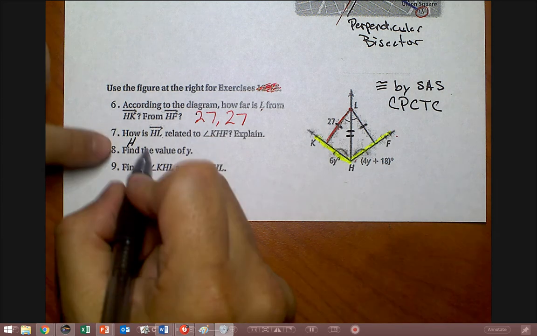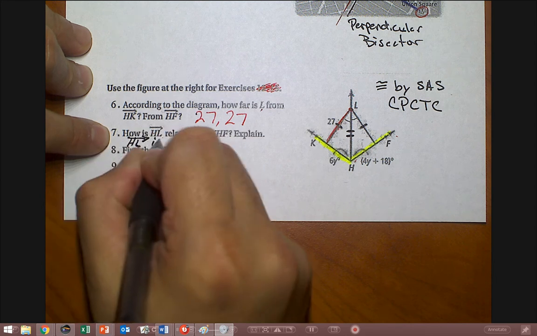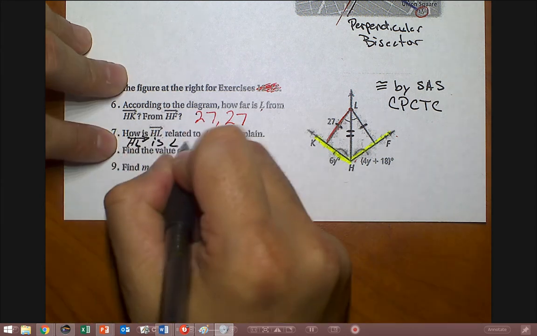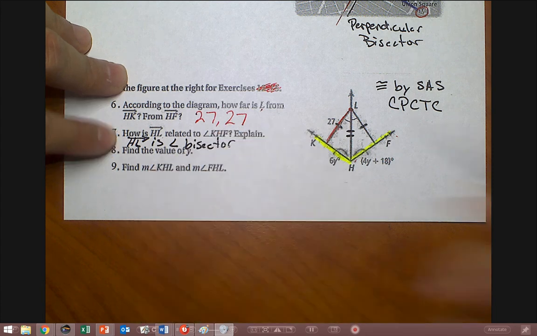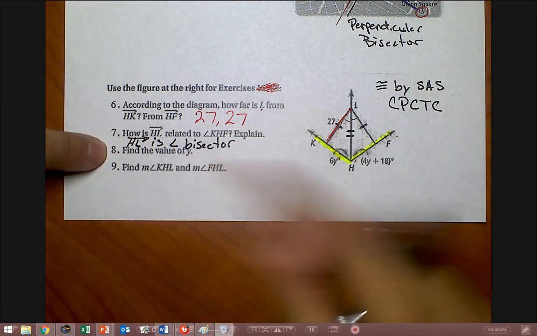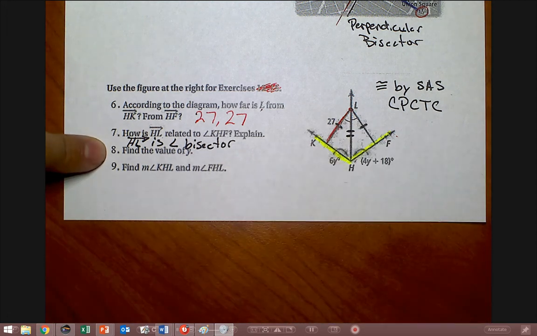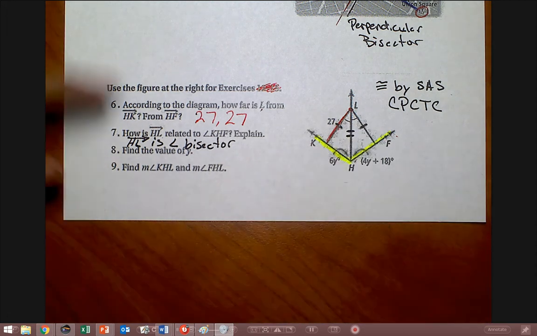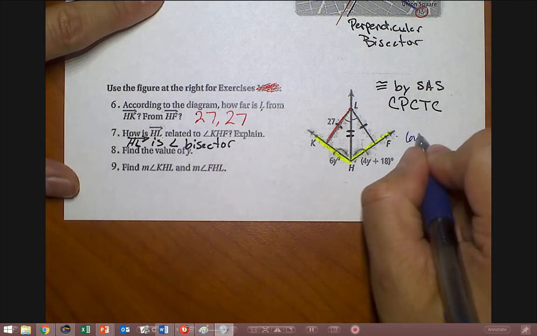So HL is the angle bisector of this. Now, if I know that, I know that all the pieces are congruent to each other. How would I solve for y? 6y equals 4y plus 18.